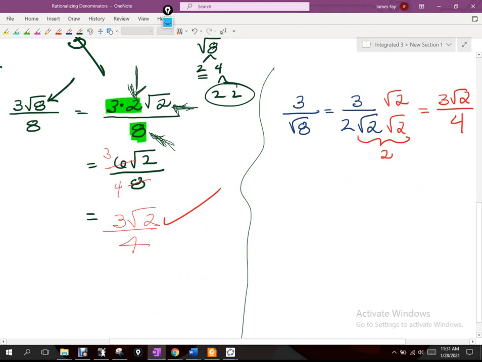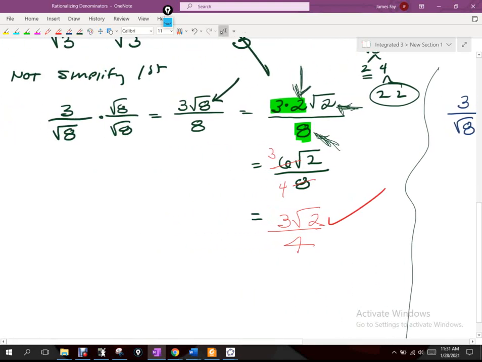I'm a fan of simplifying as late in the problem as possible. It's just through experience that I know sometimes the multiplication we have to do in rationalizing might take care of the simplifying for us. After you see enough of them, you'll realize, I'm going to simplify later in the problem because it makes things a little bit less work.